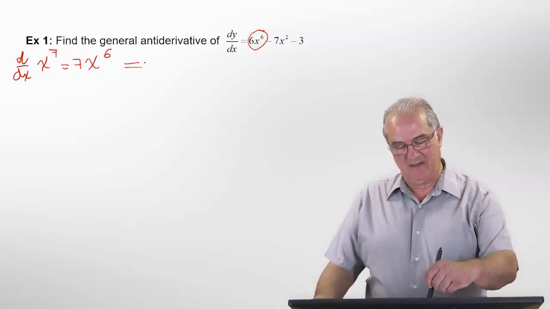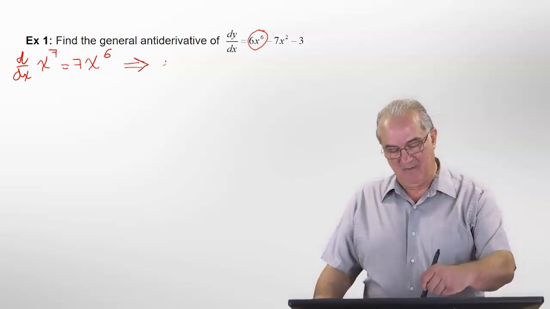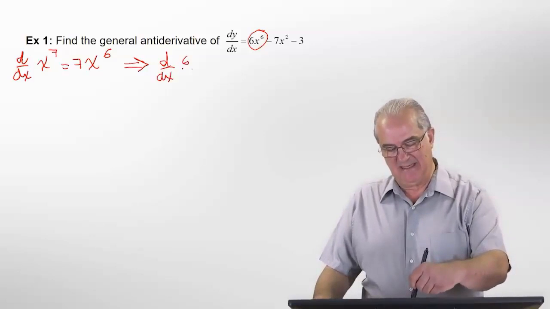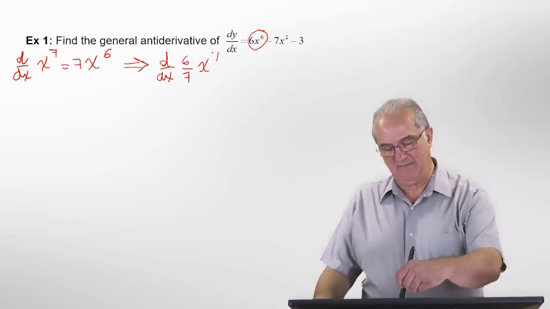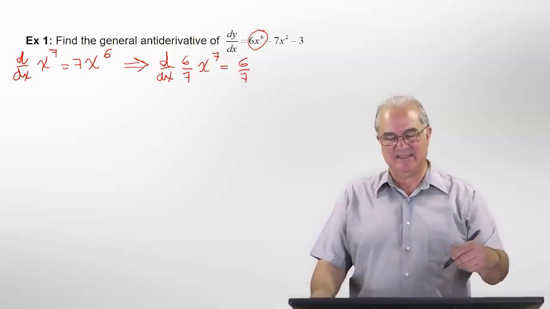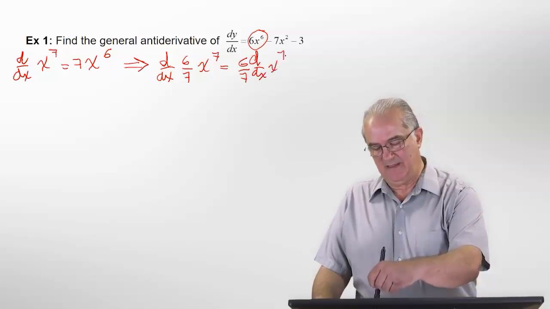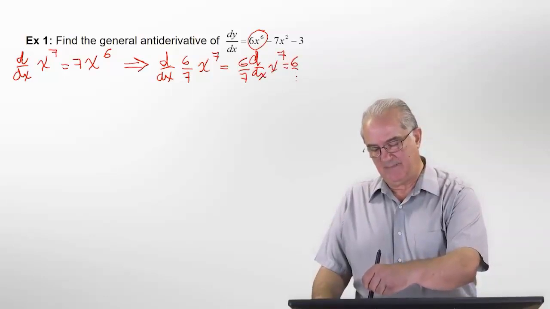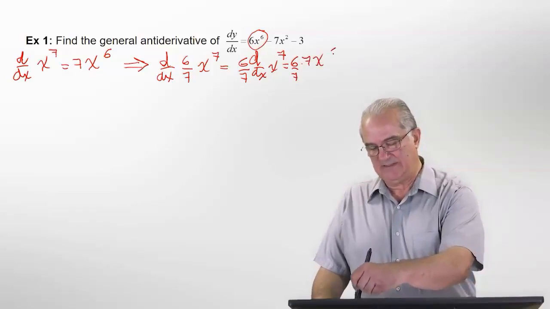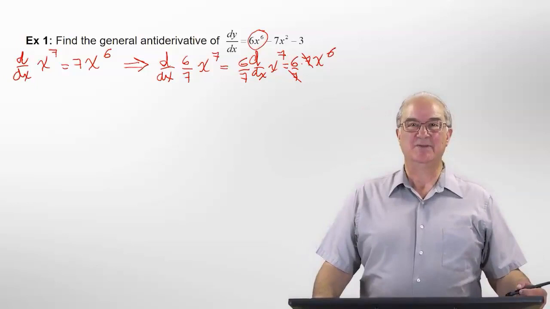And so this double arrow will mean implies, or we can deduce that if we now multiply by a constant and take the derivative of 6/7 of x to the power 7, well, the constant multiple formula tells us that that will be 6/7 of d by dx of x to the power 7, and that's 6/7 times 7x to the power 6, which is 6 times x to the power 6.